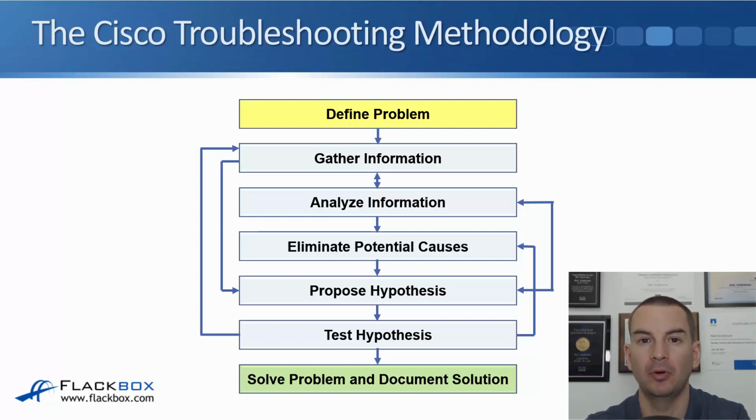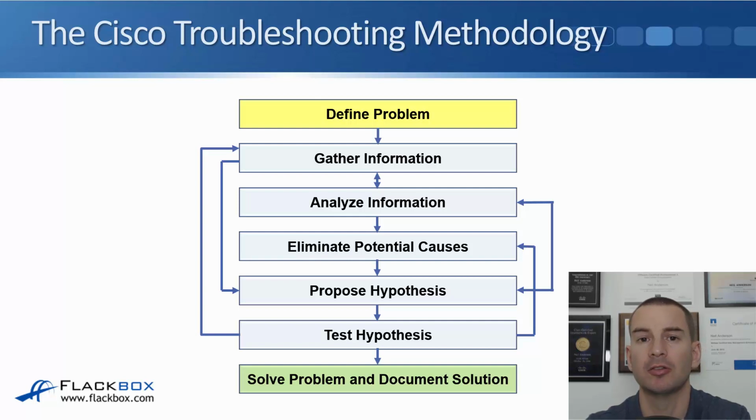So for example, if we're troubleshooting that connectivity issue from a source to a destination, and there's several routers between the source and the destination, if we check the first hop router and the configuration all looks good there, we can eliminate that as the cause and then check the next hop router along the path.